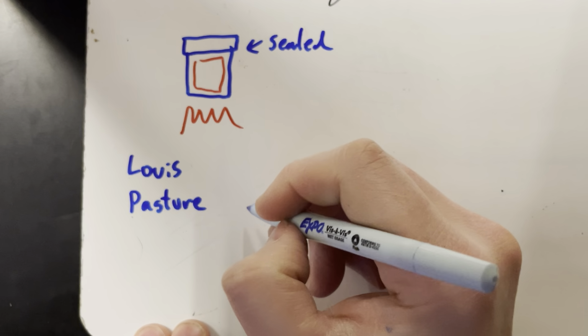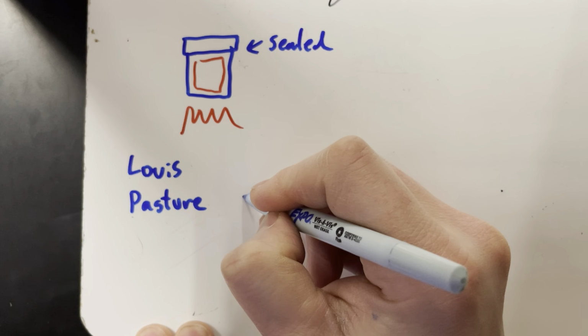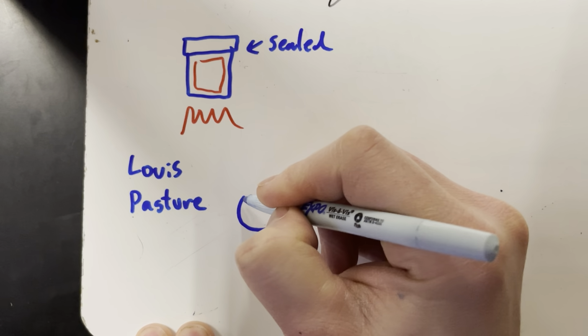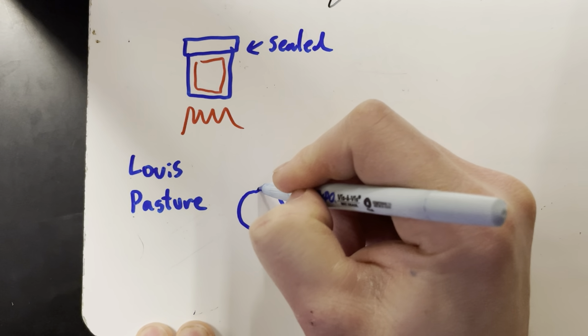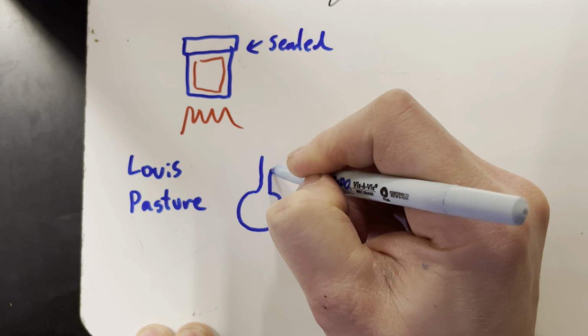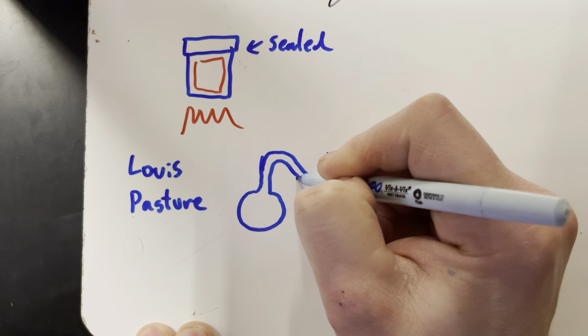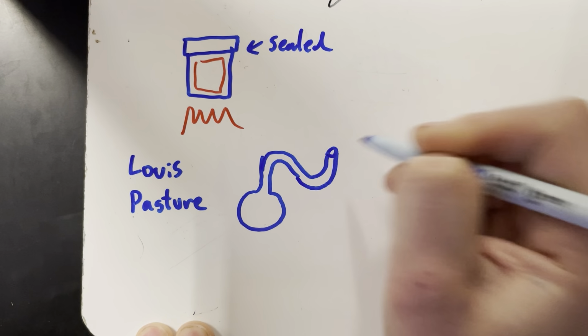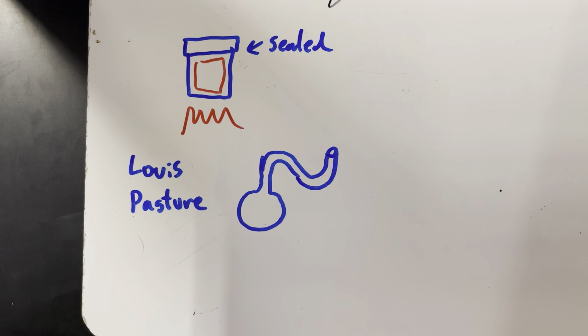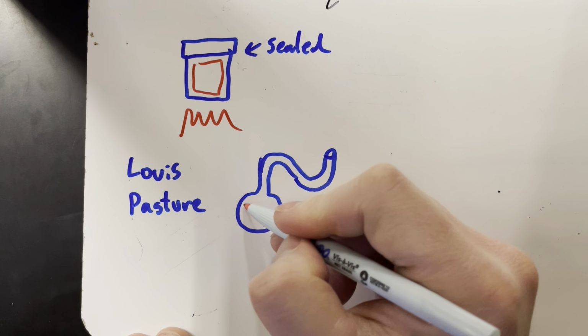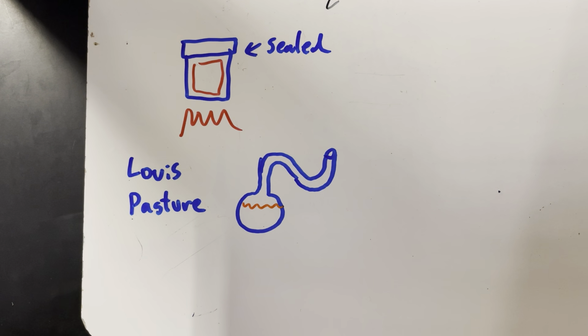He did a similar sort of thing where he sterilizes a nutrient broth, but this time he leaves it open to the atmosphere, but the container he used had this big long swan neck. So he had this nutrient broth open to the air.